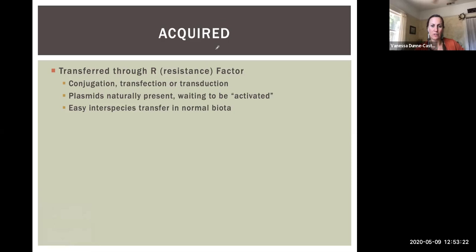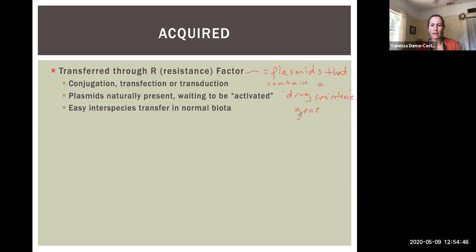Let's just mention that this means these are plasmids that contain a drug resistance gene.